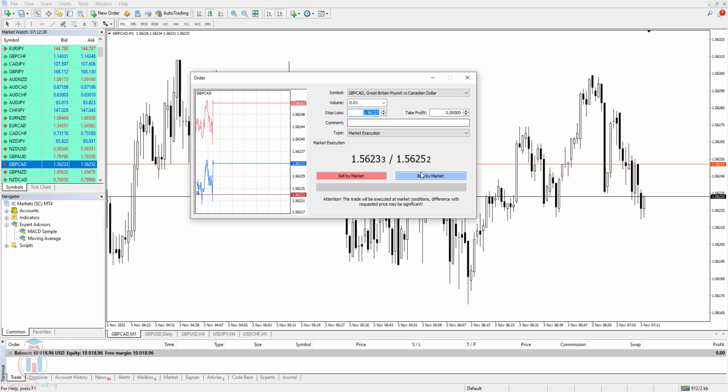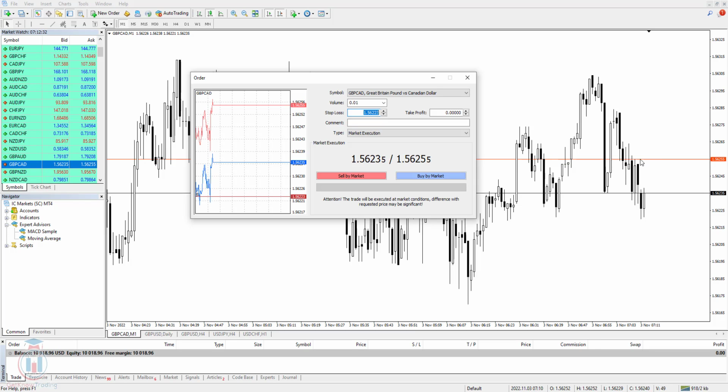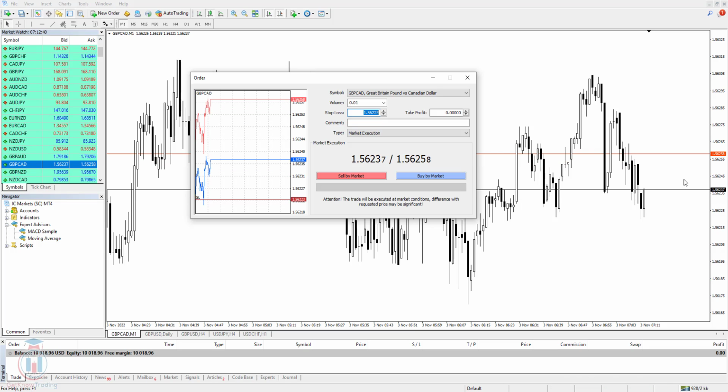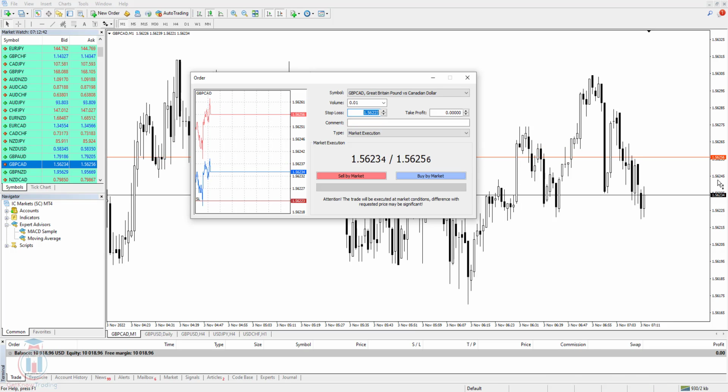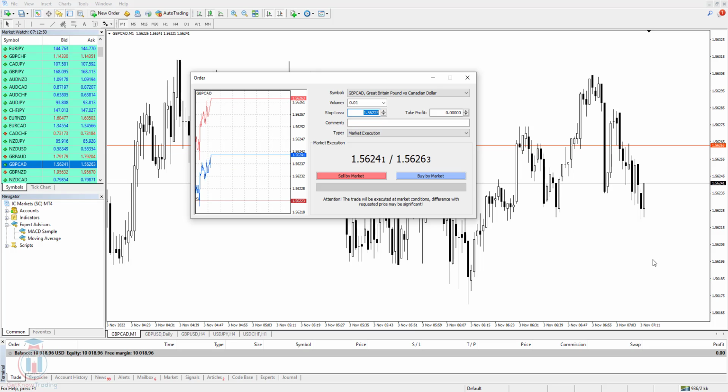If I'm going to click the buy market button, I expect the price will move up. So the stop loss should be placed below, which means if I open an order at this price here, and the price goes down, I will lose money. So I need to put a stop loss to protect my account from losing more money than I have predicted.